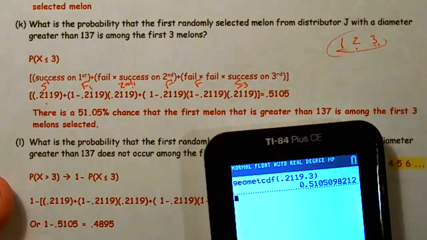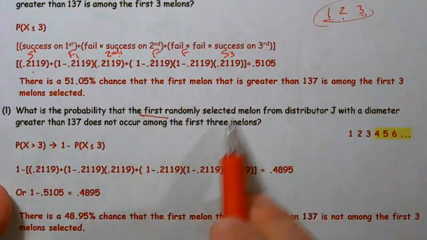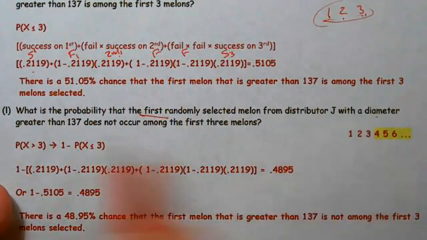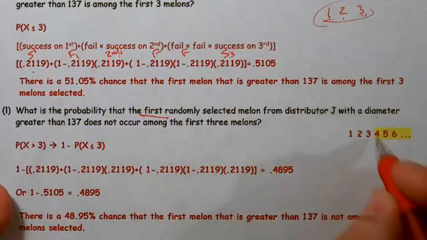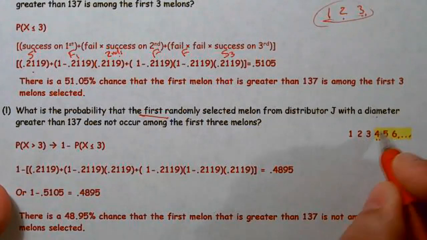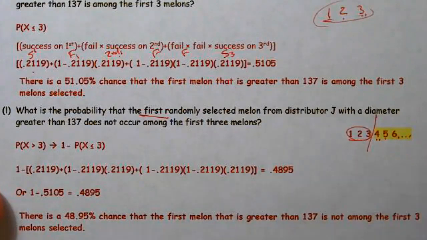And finally, what's the probability that the first, once again first, randomly selected melon from J with a diameter greater than 137 does not occur among the first 3? That means the first one is going to occur on the 4th, 5th, or 6th. We're looking for this probability.